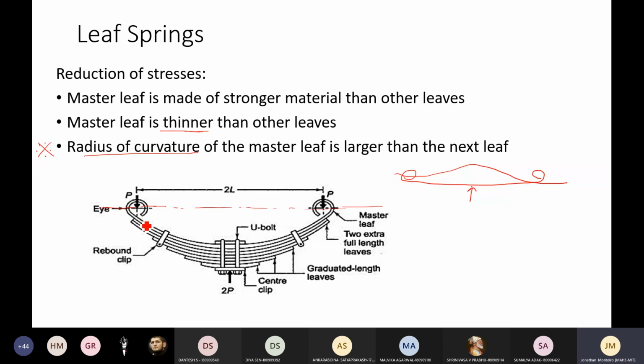Now what happens when you actually manufacture it like this in the cold condition or unstressed condition? If you already have a radius of curvature, when you load it, say for example here the loading is given as 2P. We will come to the equations part in the next class, but let us see what happens here. The most maximum thing that you can get is the leaf will become straight. So loading is in only one direction. Otherwise here the loading will start in the opposite direction.